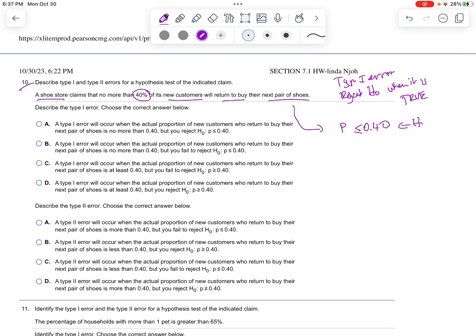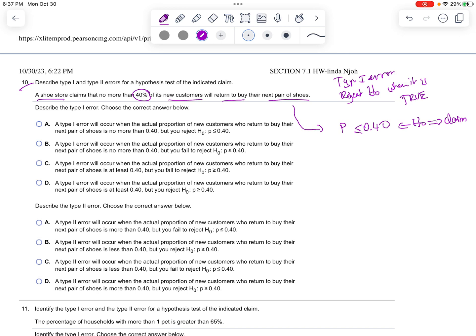So this is the null and is also the claim. That's no more. So my type 1 error is rejecting that statement when in fact it is true. Right? Rejecting the statement when it is true, meaning that I am rejecting that the actual proportion of the customers that will return to buy the new pair of shoes is no more than 40%.